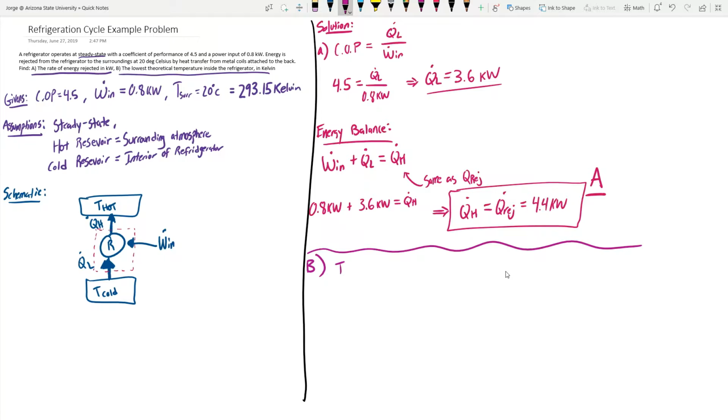We know T surroundings is 20 degrees Celsius. In our case here, we already assumed that the surroundings is the hot reservoir. So that means that T surroundings is equal to TH, which we know is 20 degrees Celsius, or of course 293.15 Kelvin.